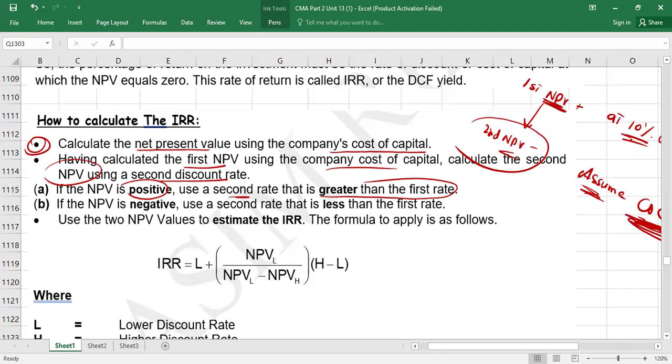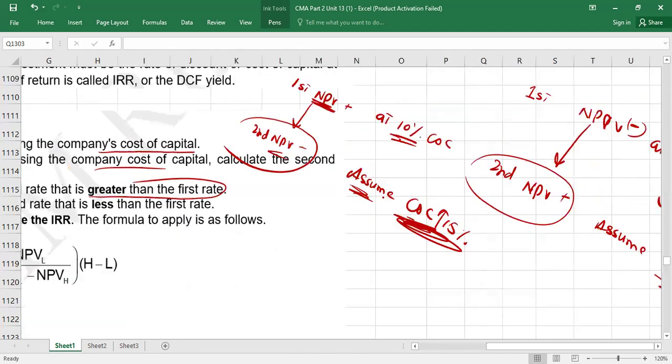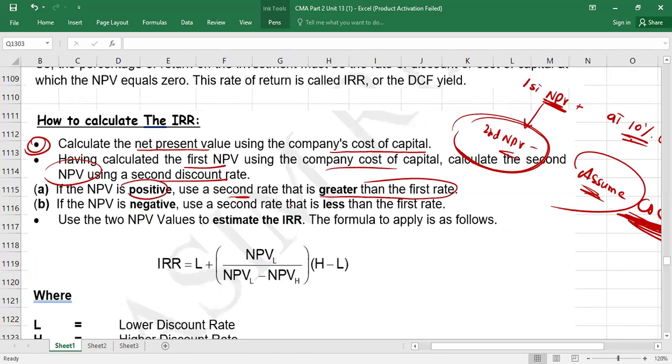As I told you, whenever the first NPV is positive and you need a second NPV negative, you will always increase the cost of capital, and any rate you can assume, but it should be bigger than the first one. But if the first NPV is negative, then you need a second positive NPV. So for that, you will decrease the discount rate.